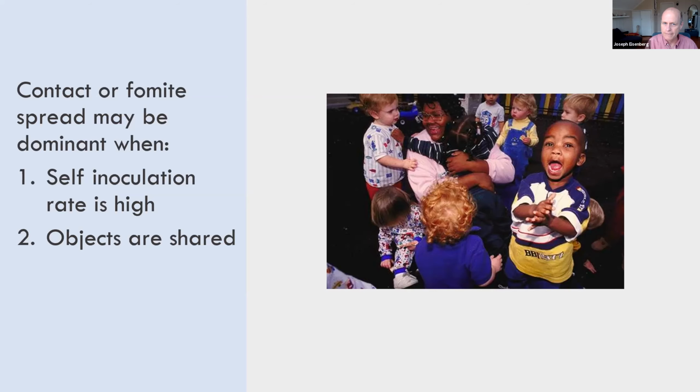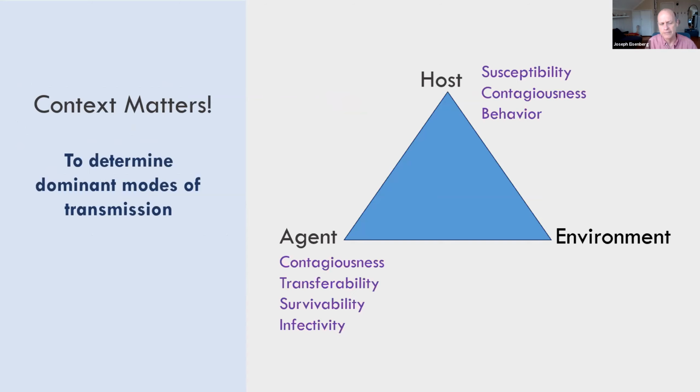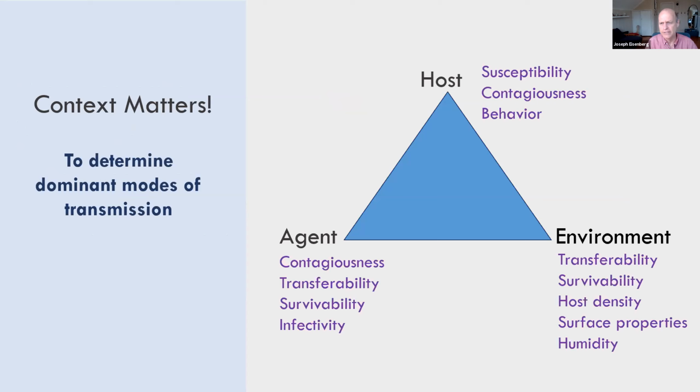So the theme here is that context matters, and to determine dominant modes of transmission, we need to know about the host, information about the agent, information about the environment.